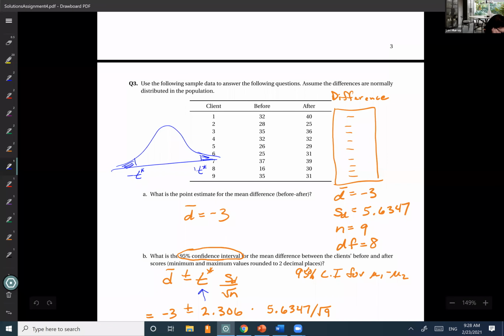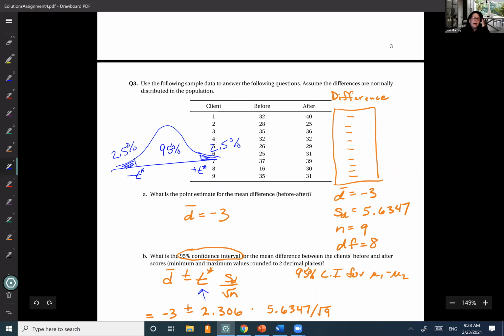So here's the positive T star, here's the negative T star, it's our critical value, and we want 95% to be in the middle, and we want 5% divided by 2 in the tails, so 2.5% here and 2.5% here.